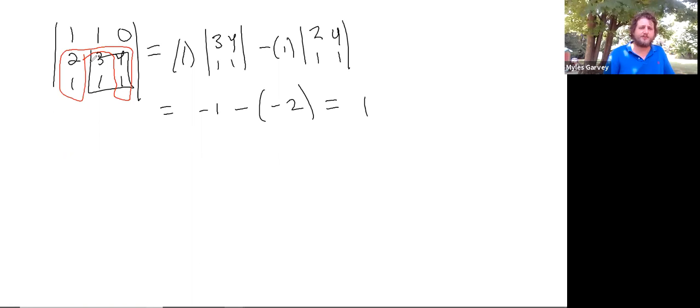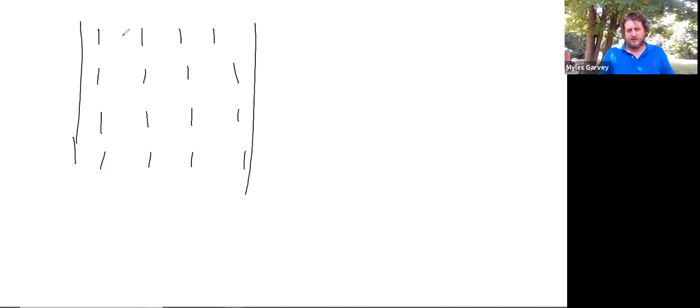What if we had 4 by 4? I'm going to use a very easy example to illustrate because I don't like large matrices, but here's what we do. We do the same approach. Here we have all the same numbers, so it doesn't really matter. We pick a row or a column to use. I'm going to pick the first row.